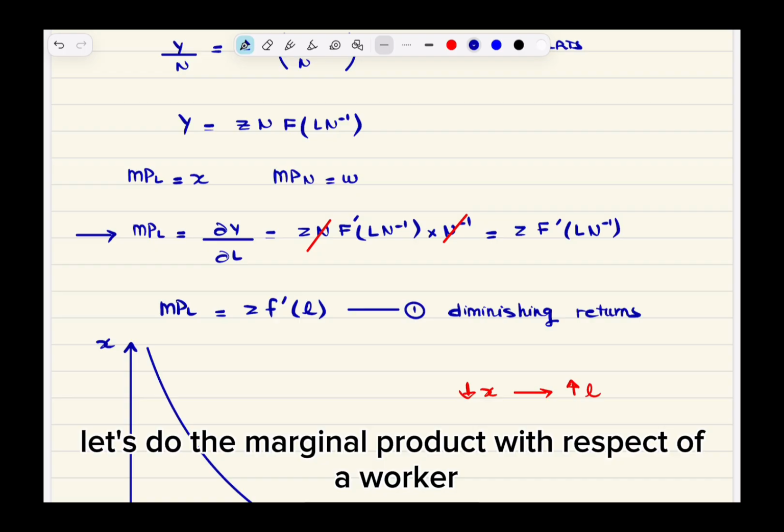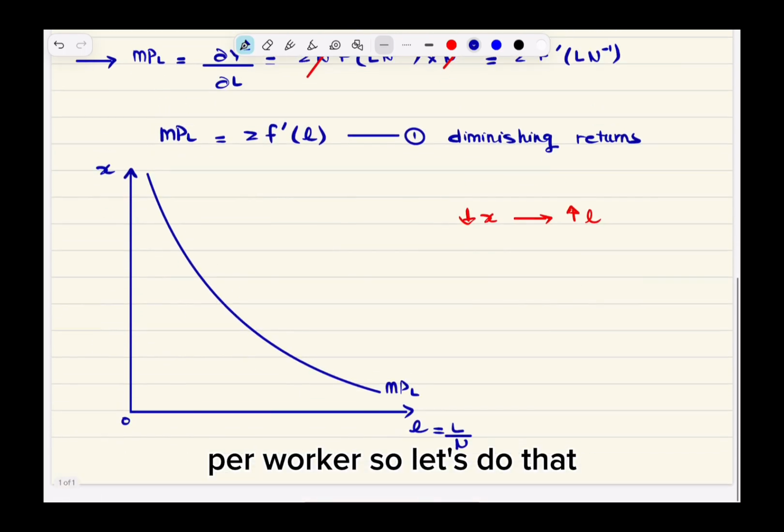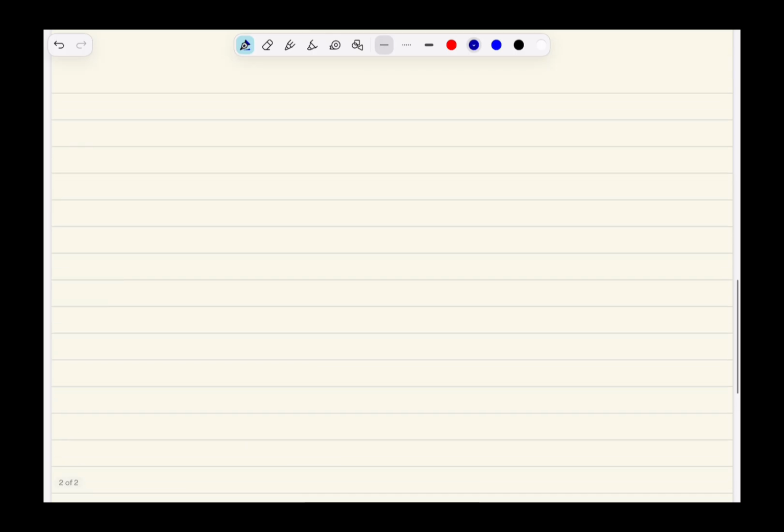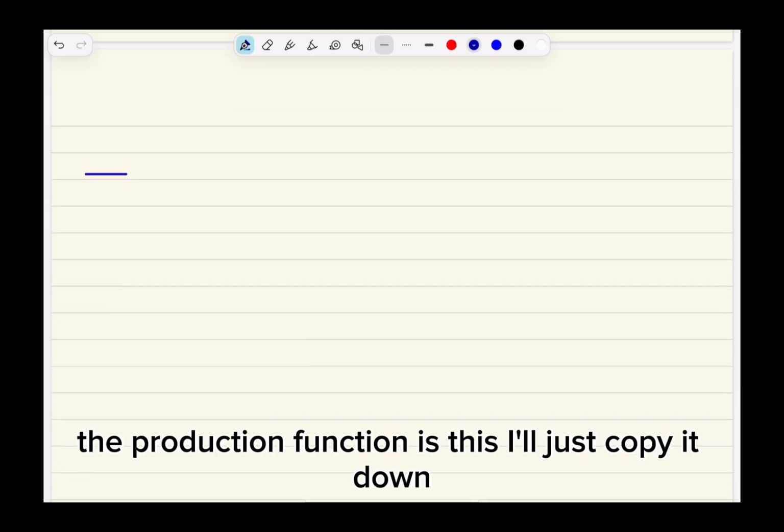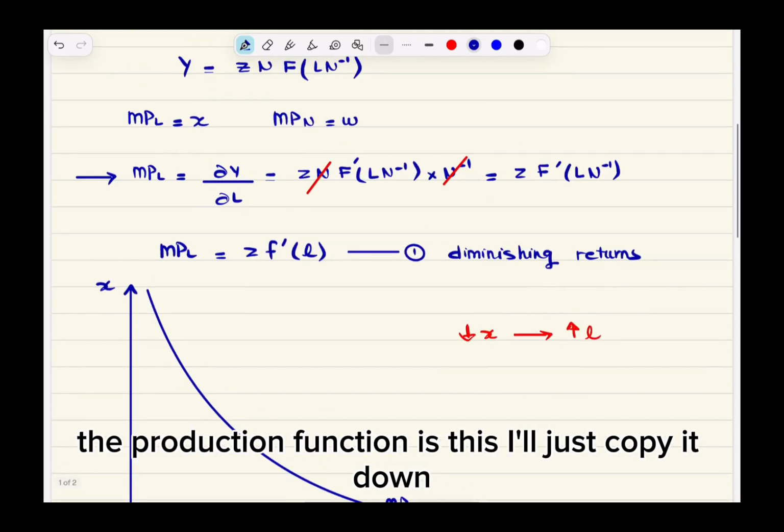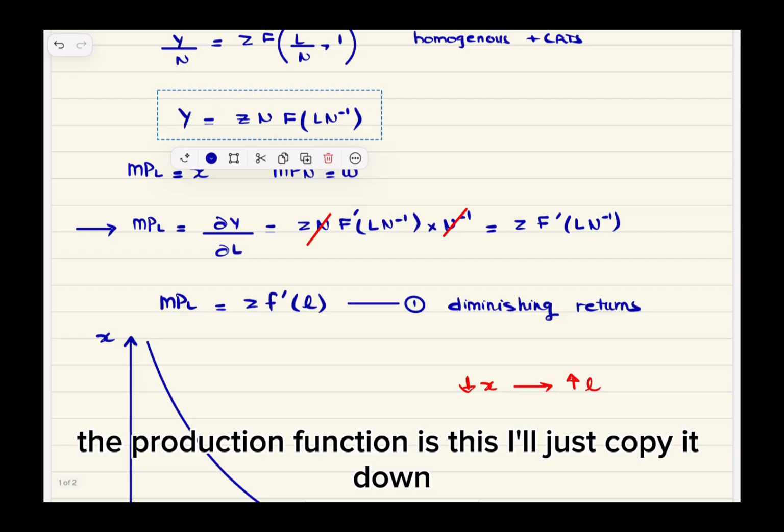Now let's do the marginal product with respect to workers. The production function is this; I'll just copy it down.